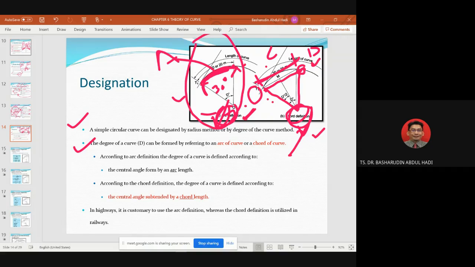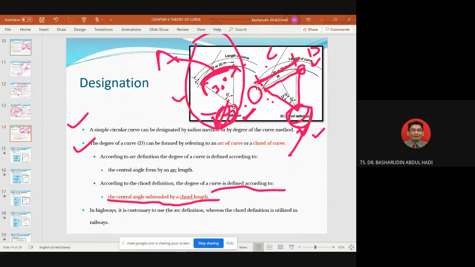According to arc definition, the degree of a curve is defined as the central angle subtended by an arc length. Meanwhile, according to the chord length definition, the degree of curve is defined as the central angle subtended by a chord length.